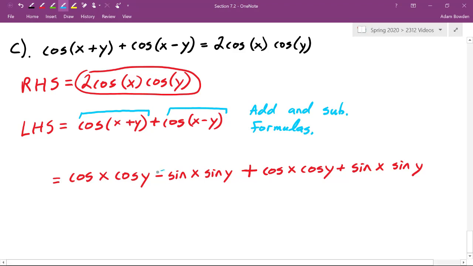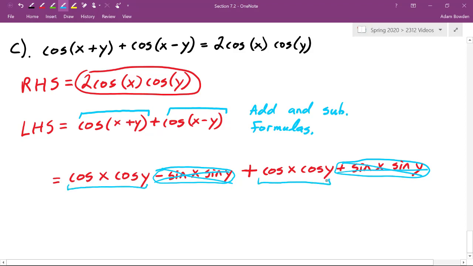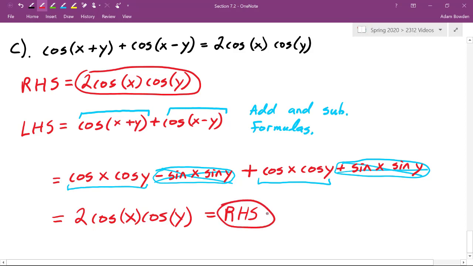In this case, notice how there's a minus sine x sine y and a plus sine x sine y. Those will both cancel each other out. Then we have one of these cosine x cosine y's and another of those cosine x cosine y's, making us have two cosine x cosine y. And so now that's identically what we were looking for to make it into the right-hand side.